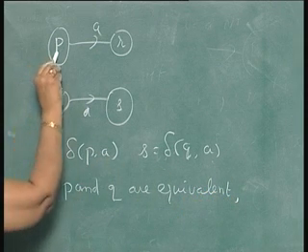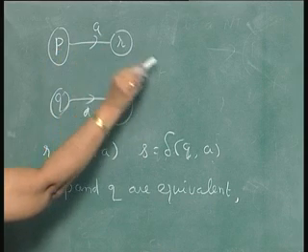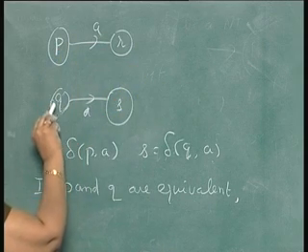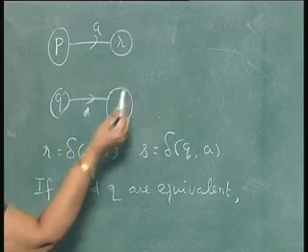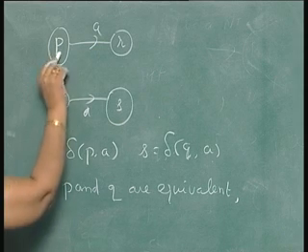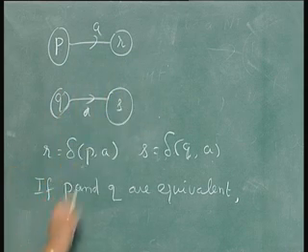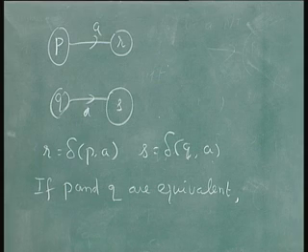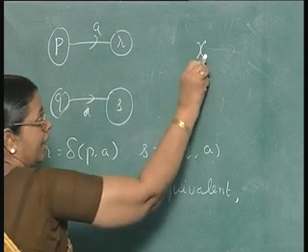Any string, if it takes P to a final state, it should also take Q to a final state. Need not be the same final state, it can be different. And if it takes P to a non-final state, this also should be taken to a non-final state. That is true for any string x.